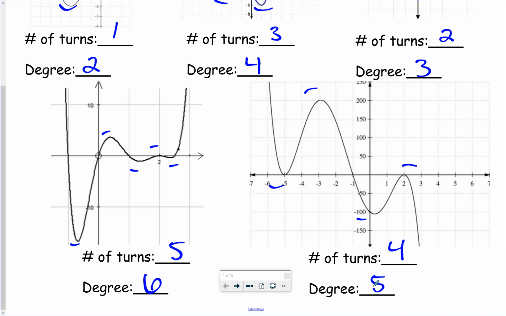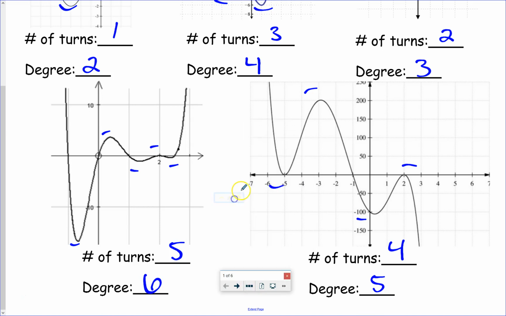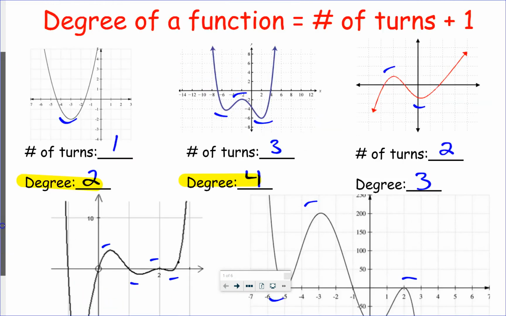All right, let's look at these graphs a little bit more, because we said it links to my end behavior. End behavior is how your ends behave, right? Your ends are either going up or going down. Okay, I want you to look at the 3 over here on the left-hand side. I want you to look at their graphs.